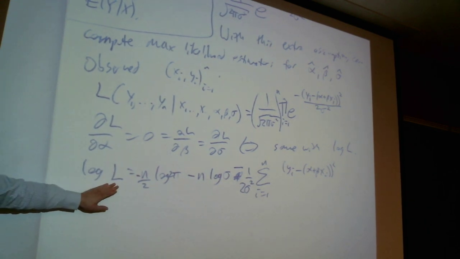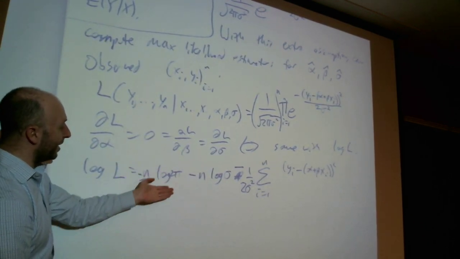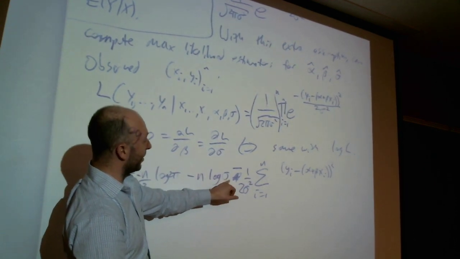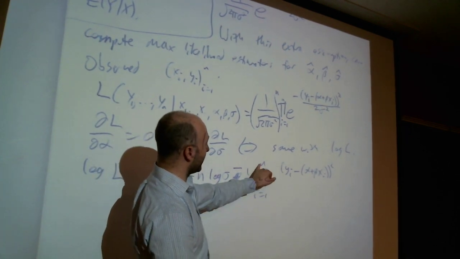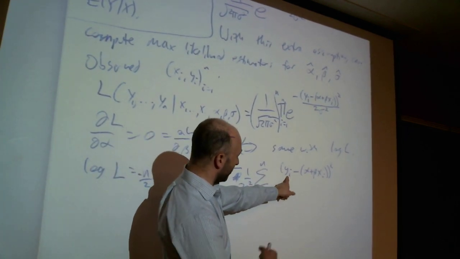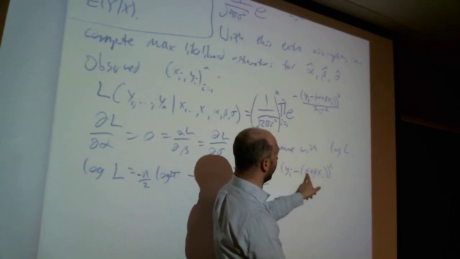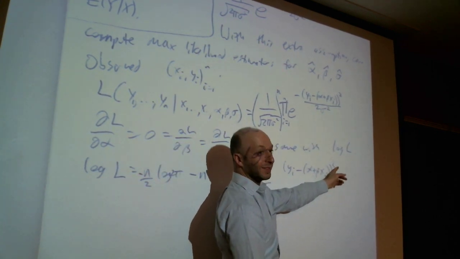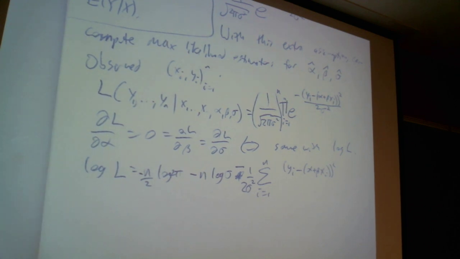So again, the log likelihood function is some constant, negative n over 2 log 2 pi, since n is fixed, so 2 pi is a constant, minus n log sigma, minus 1 over 2 sigma squared times the sum as i goes from 1 to n of the observed value of y minus the expected value of y, namely alpha plus beta xi, quantity squared. Hey, that's the sum of squares. That's Lissandra's sum of squares formula.